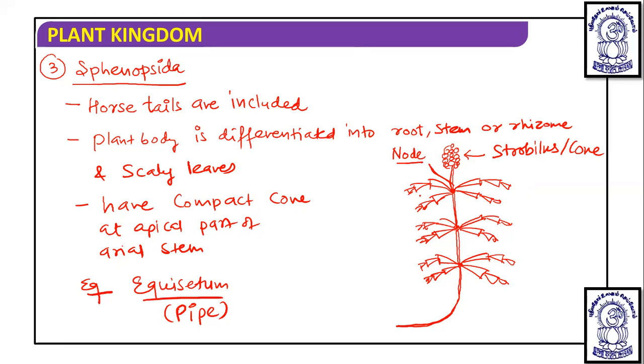So this is node here, and the region between two nodes is known as internode. These are scaly leaves, and apart from scaly leaves you will find the presence of rhizome, which is an underground stem.